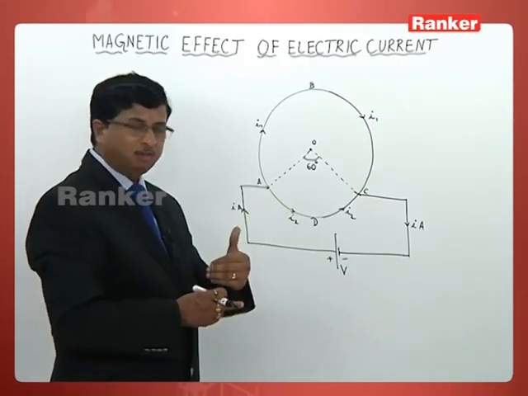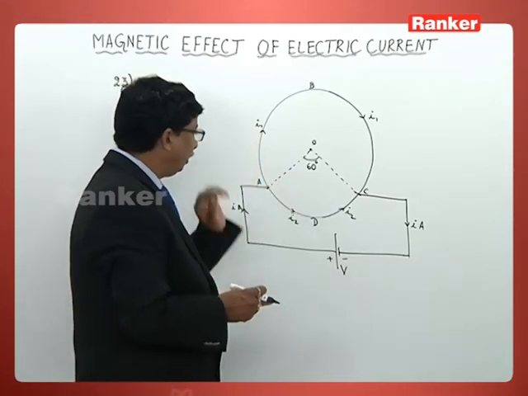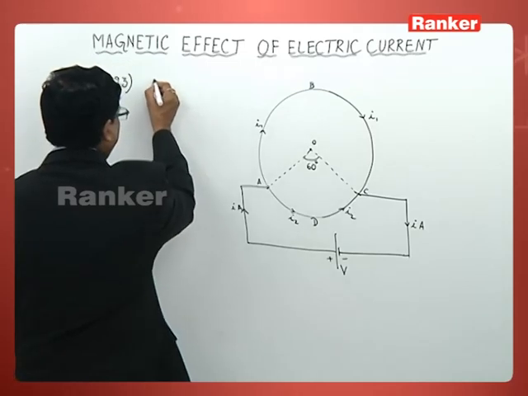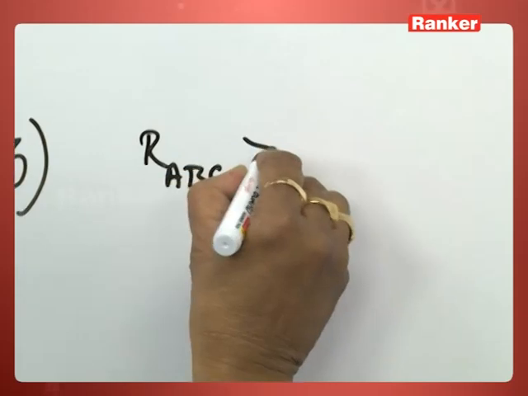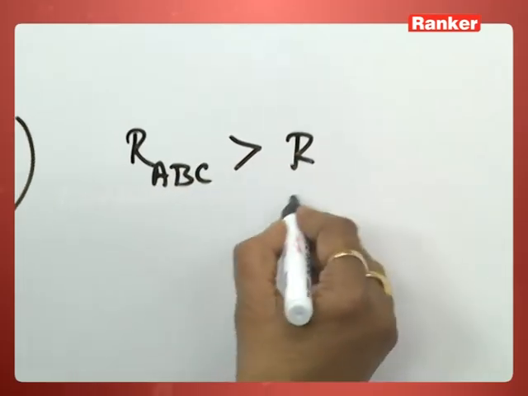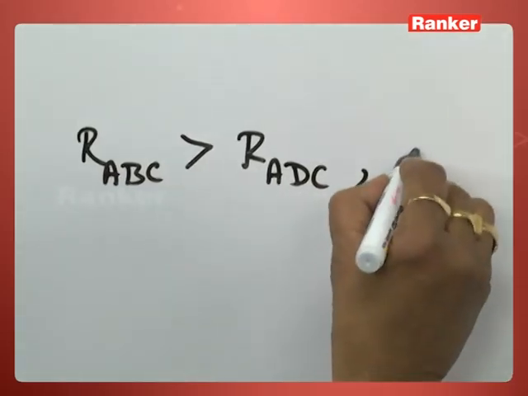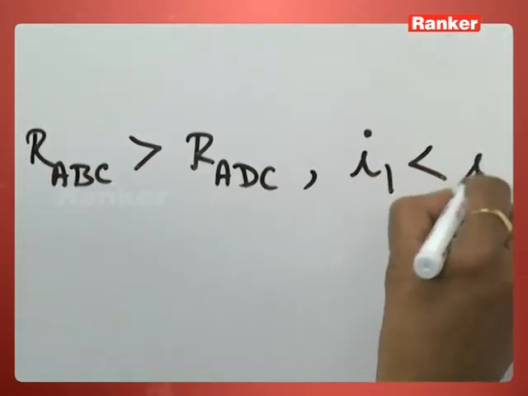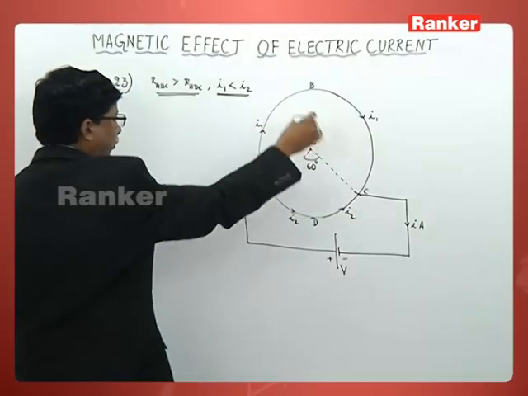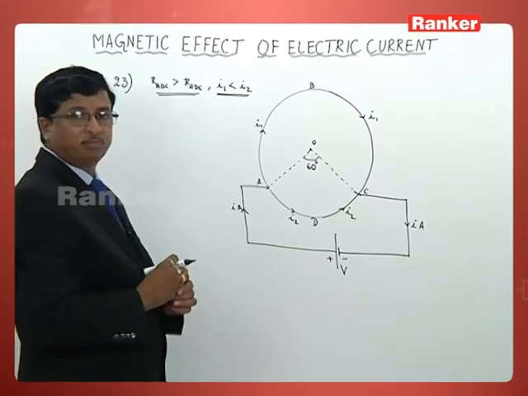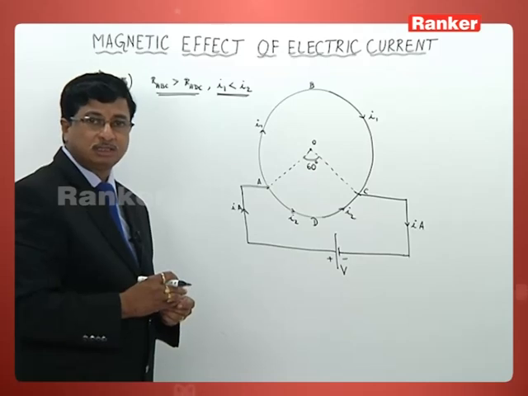How much it will be? Certainly less than this I2. So, what you should first of all understand here, the resistance of ABC, since it is greater than the resistance of ADC, what can I write now? I1 will be less than I2. That is my first observation looking at this figure. You can also easily understand that point, it's not a big task.